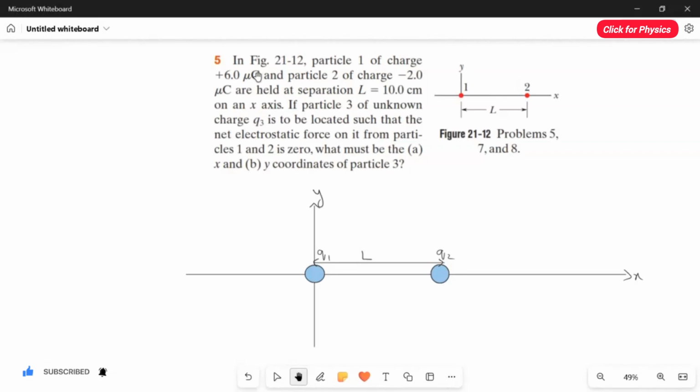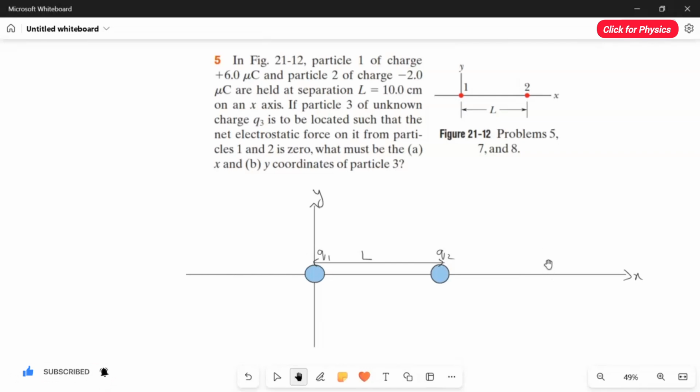Now what you are going to do, you are going to take the third charge and place that charge exactly on the x-axis. By that, the net electrostatic force on the third charge by charges 1 and 2 should be equal to 0. That means the interaction of the first charge on the third and the interaction of the second charge on the third should sum to 0.